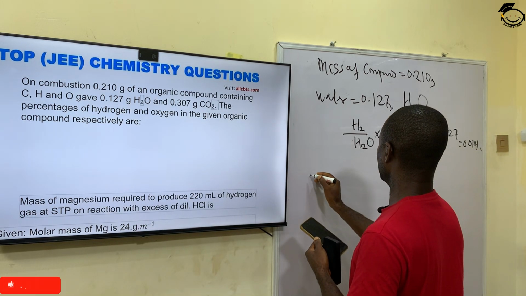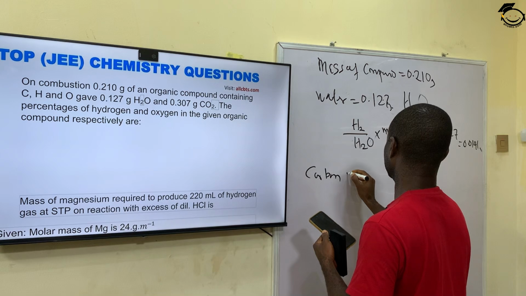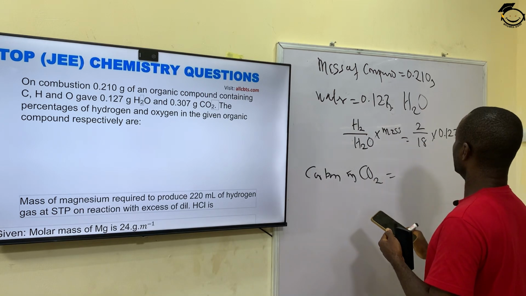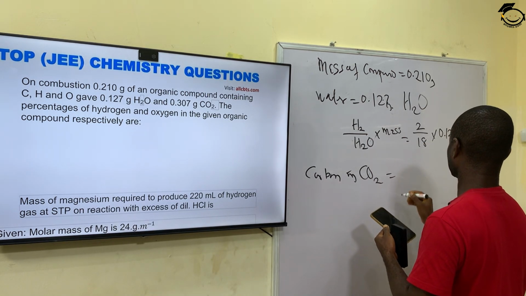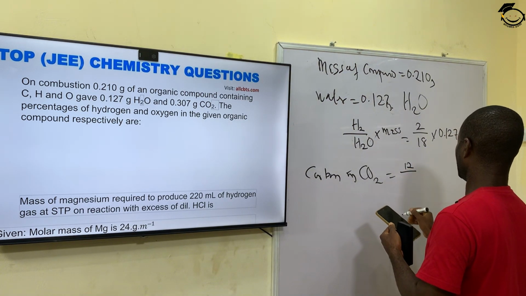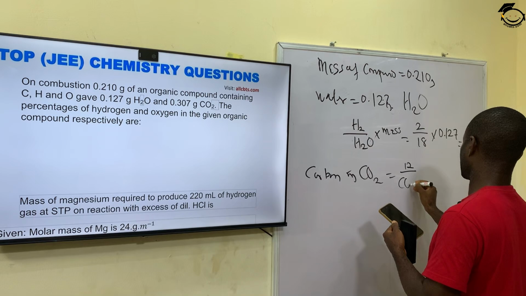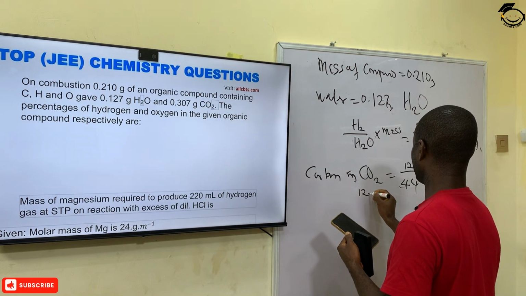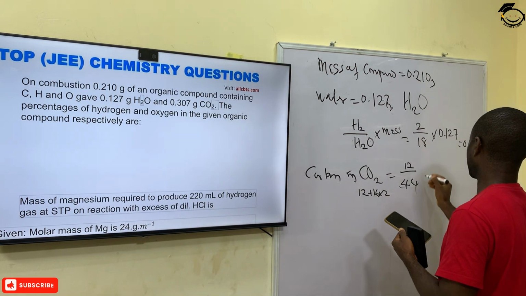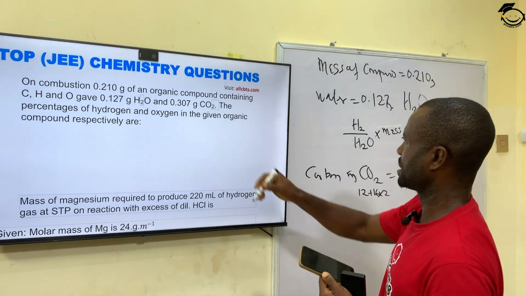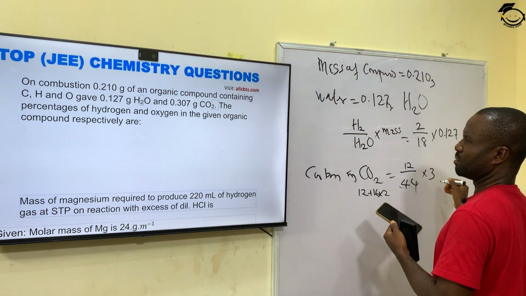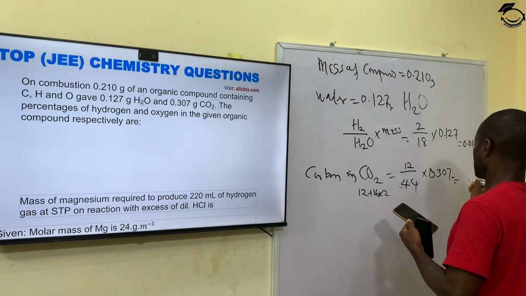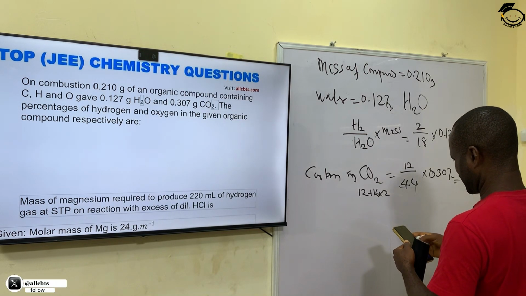Now, to calculate the mass of carbon in carbon dioxide, we use the relative atomic mass, 12 over carbon dioxide, which is 44. How did we get 44? That's 12 plus 16 times 2, which gives us 44, times the mass of carbon dioxide, which is 0.307.